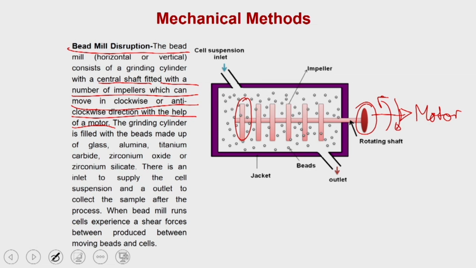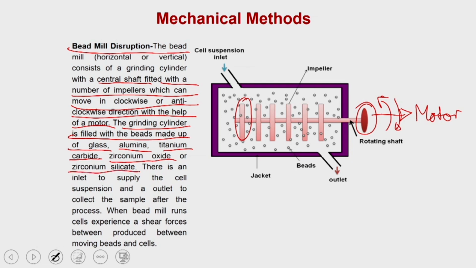Then you fill this grinding chamber with beads which are made up of glass, alumina, titanium carbide, zirconium oxide or zirconium sulfate.